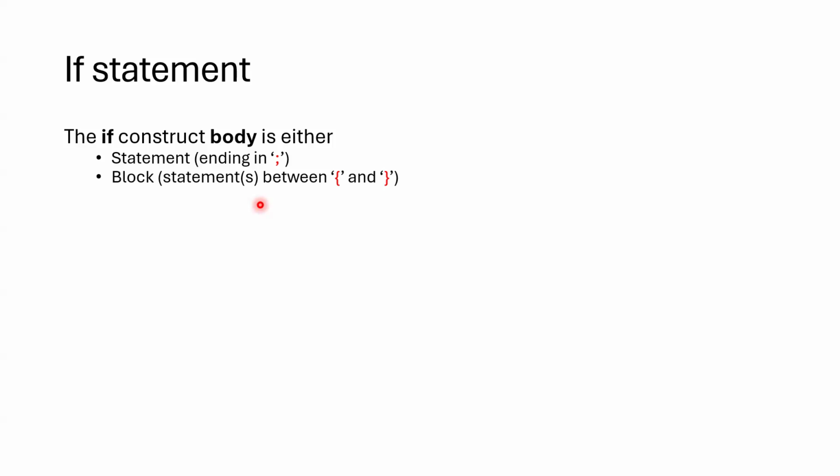Again, the body of the if construct is one of two cases: either a single statement ending in the semicolon, or a block of statements enclosed between opening and closing curly brackets. Now we have parentheses, square brackets, and curly brackets.